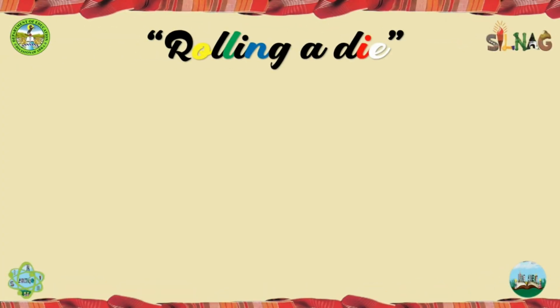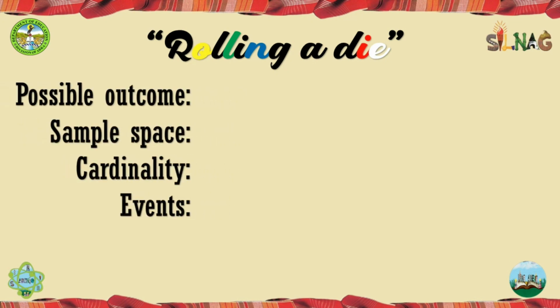How about rolling a die? What are the possible outcomes, sample space, cardinality, and possible events? Alright, we have 1, 2, 3, 4, 5, and 6 possible outcomes, since a die has 6 different faces.